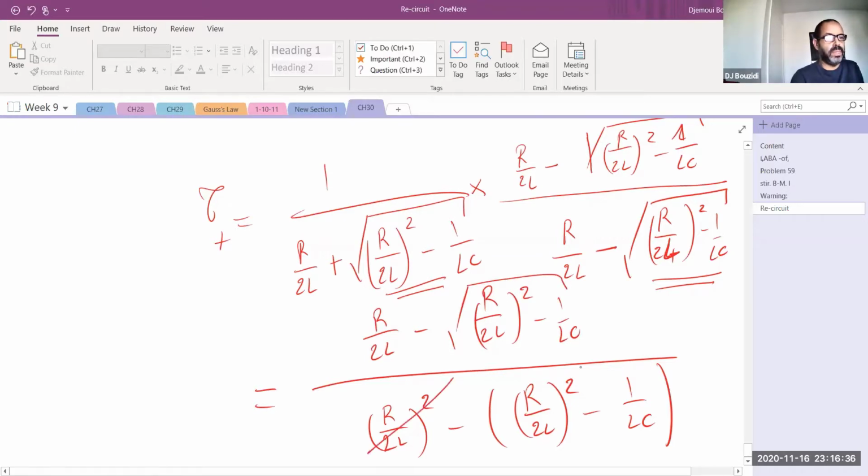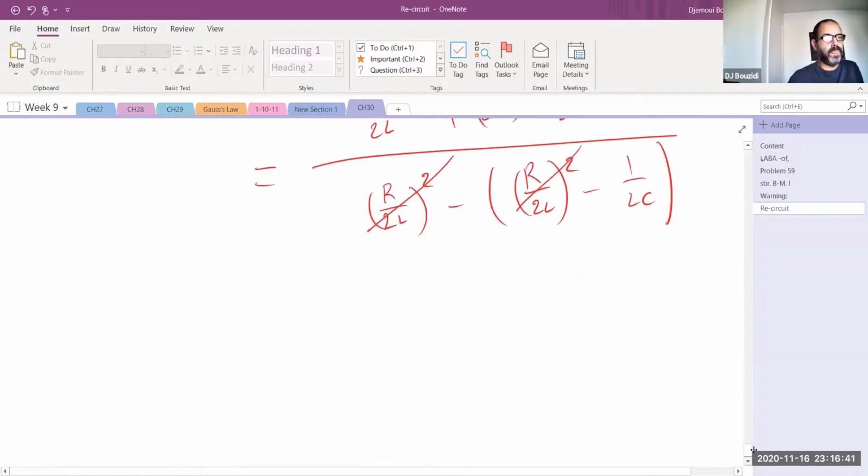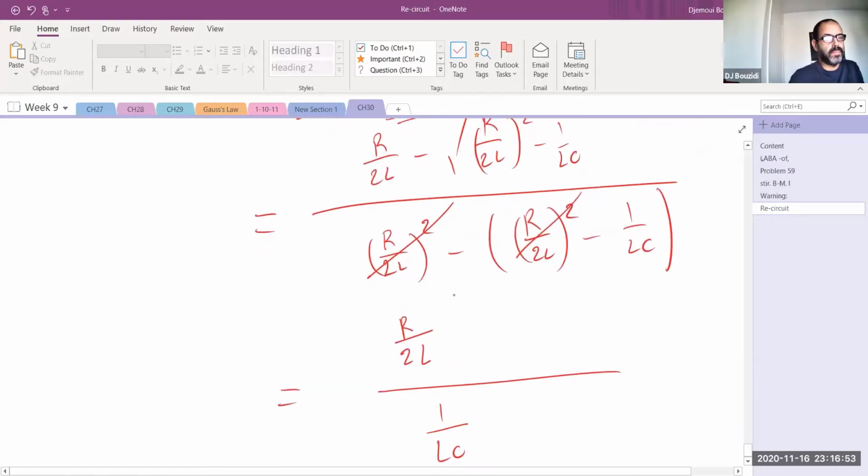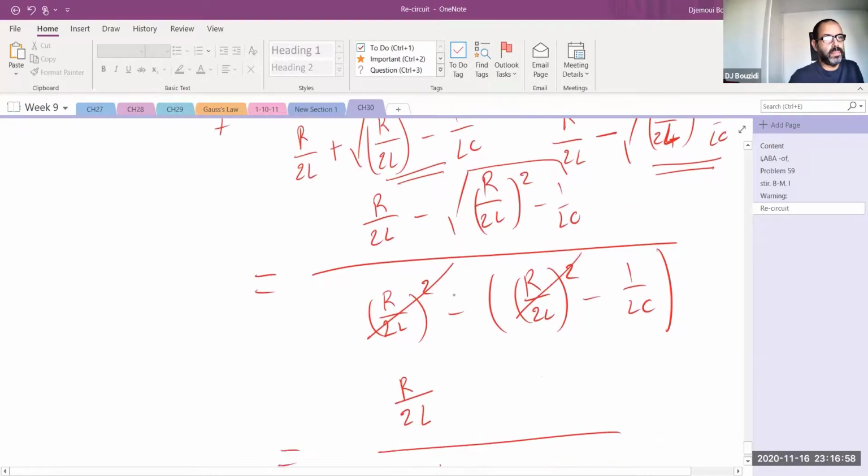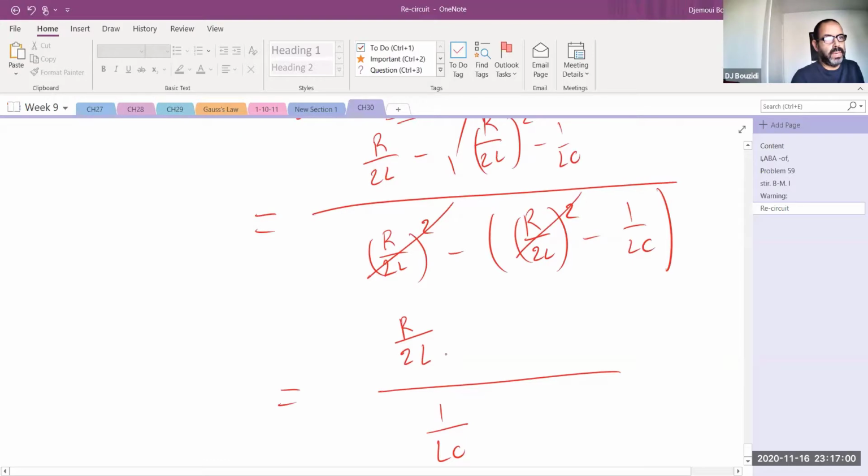This term and this term cancel, and the minus becomes positive. So at the end, what we will have is 1 over LC in the denominator, and in the numerator R over 2L minus the square root of (R over 2L) squared minus 1 over LC.